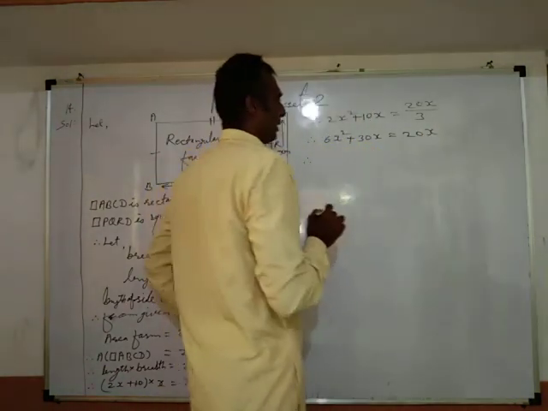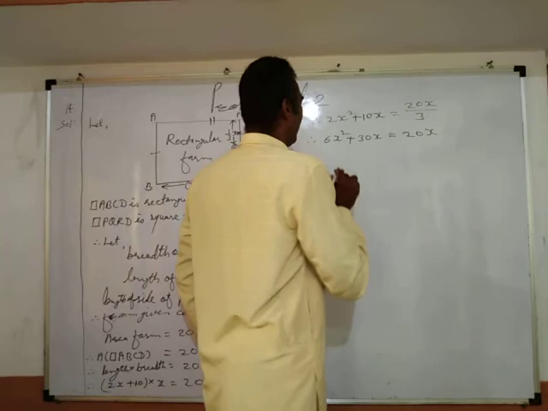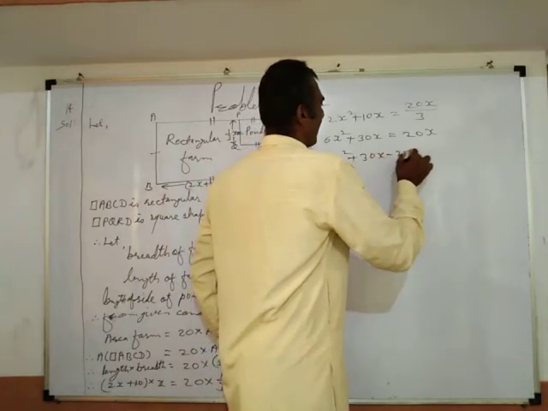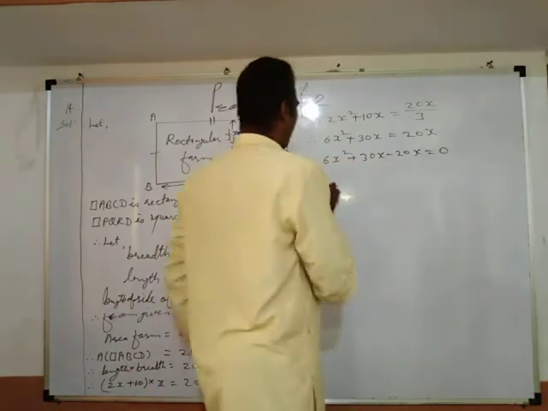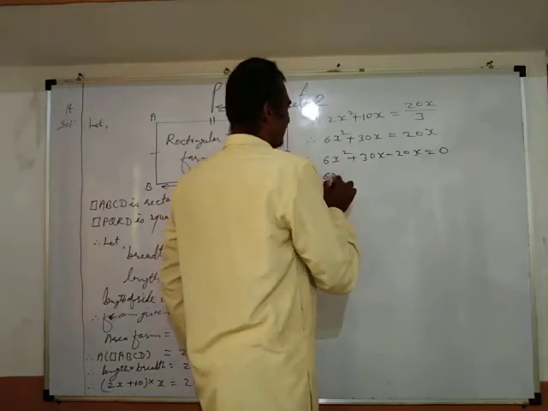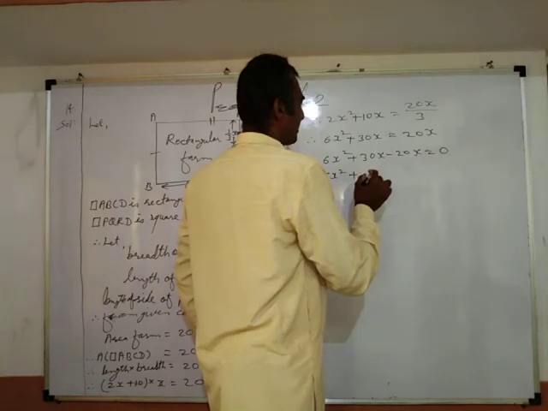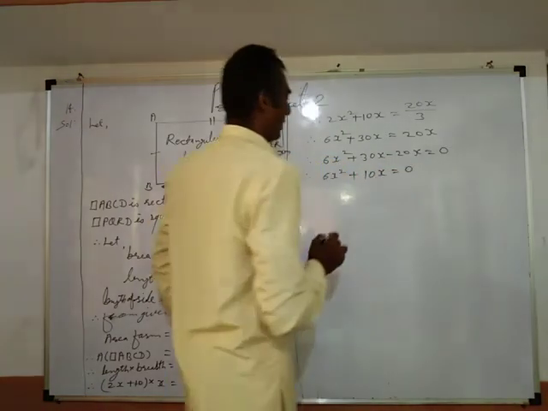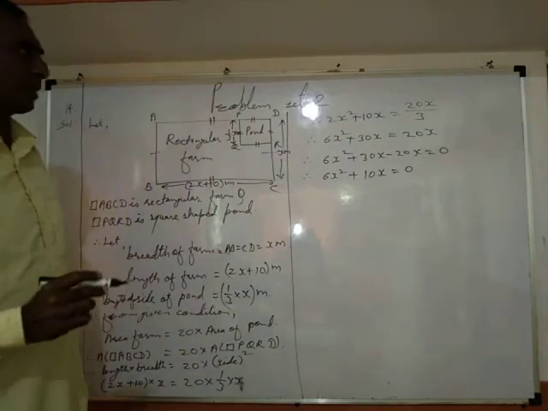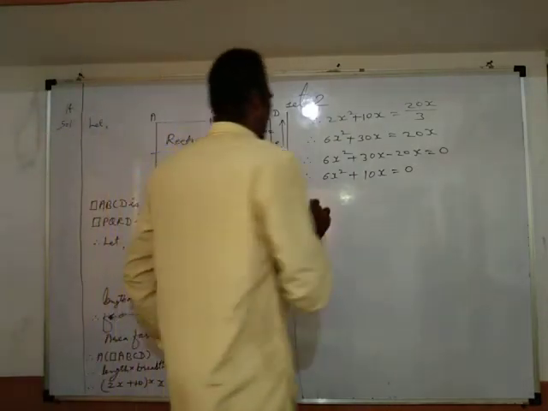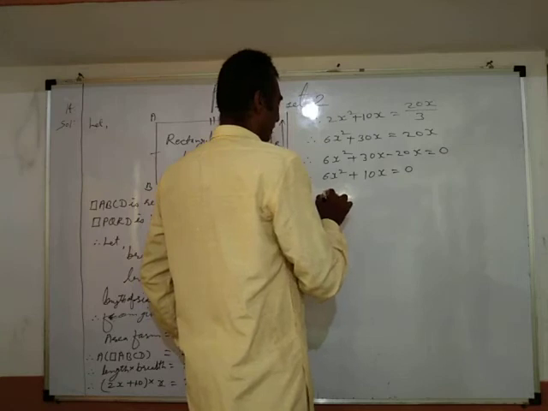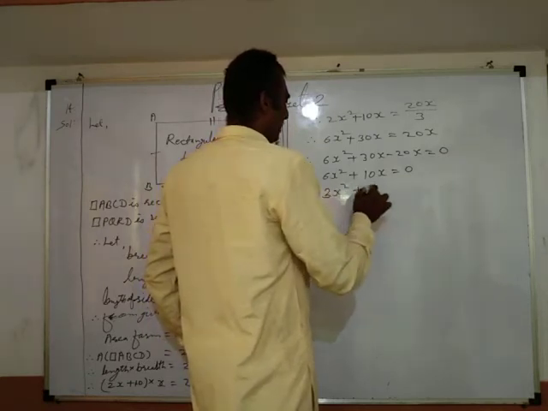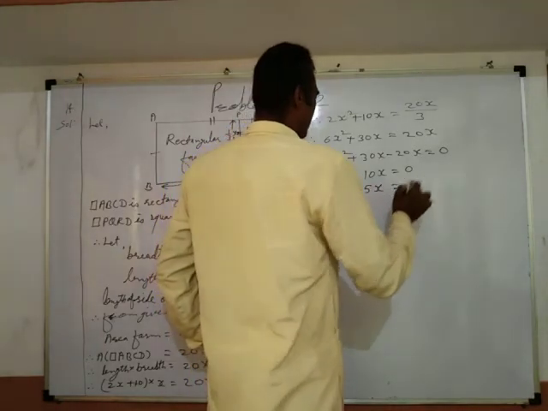And therefore, again, it will be 6x square plus 30x minus 20x equal to 0, and therefore it is 6x square plus 10x equal to 0. Now this equation is divisible by 2, therefore it will be 3x square plus 5x equal to 0.